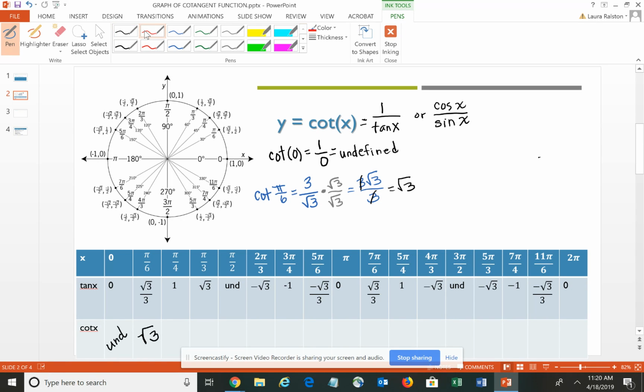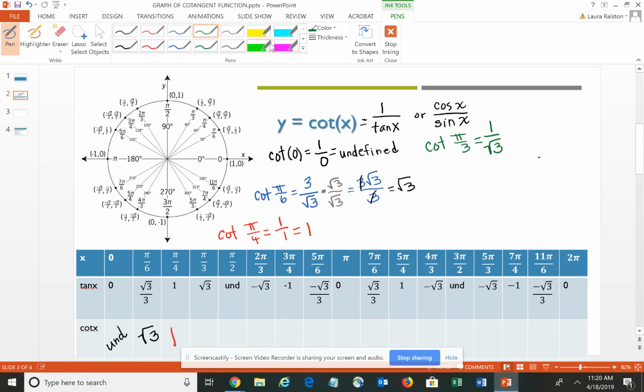For the cotangent of pi fourths, the reciprocal of 1, you would have 1 over 1, which is still 1. For the cotangent of pi thirds, again taking the reciprocal, you would have 1 over the square root of 3.